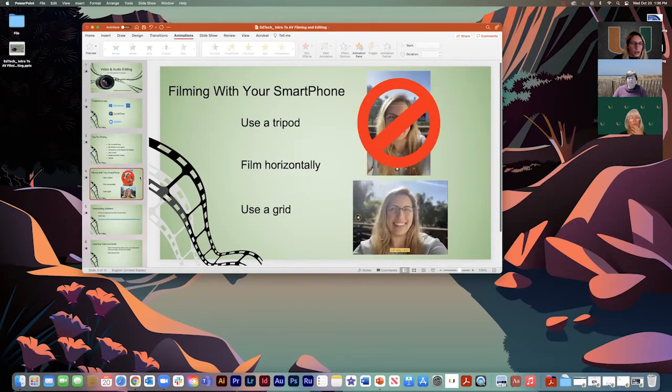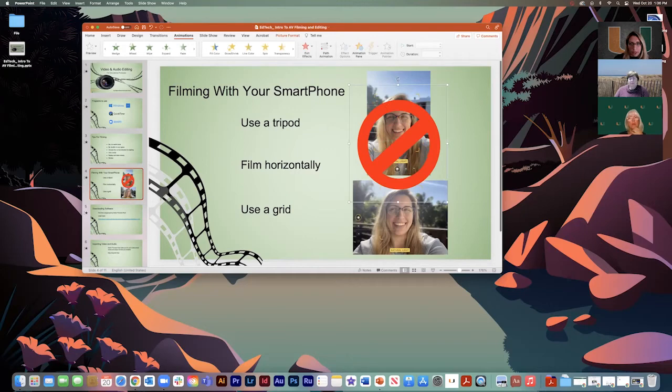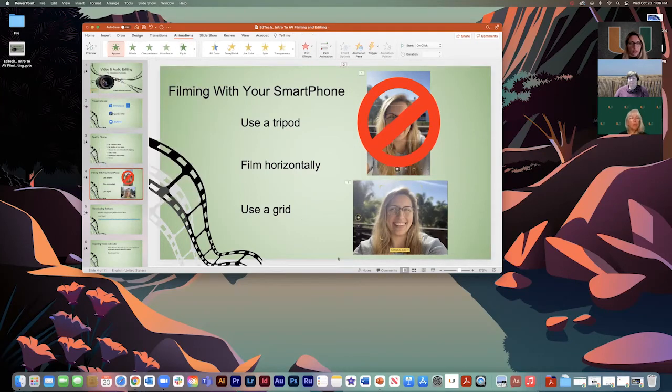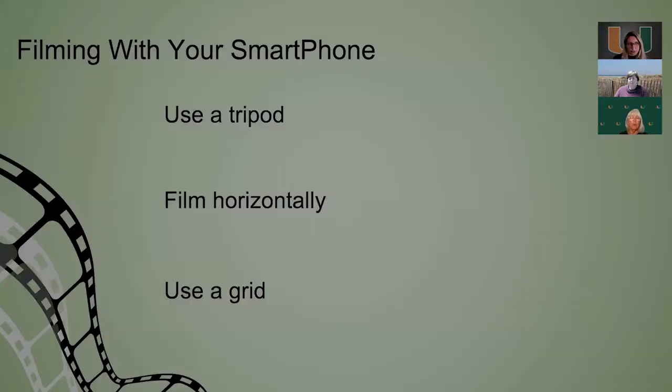Now, if you want something a little more dramatic to make an effect on a specific point that you are speaking about, here you can see that I have a cross out over this vertical photo. What I like to do is have both of the photos appear at the same time, fade them in, and then select the cross out and just make it appear as if it's very dramatic through your video.